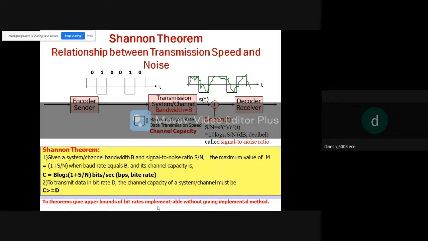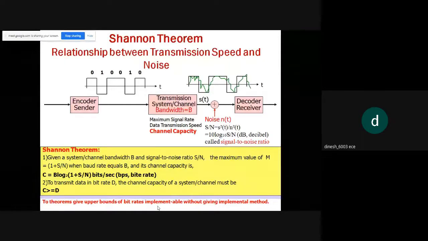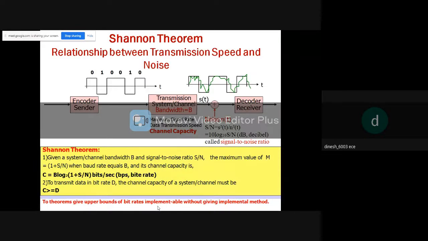We have an encoder sender, we have a transmission system. So the maximum signal rate, or maximum data speed, or channel capacity can be obtained from 10 log S by N, the signal to noise ratio measured in decibels.